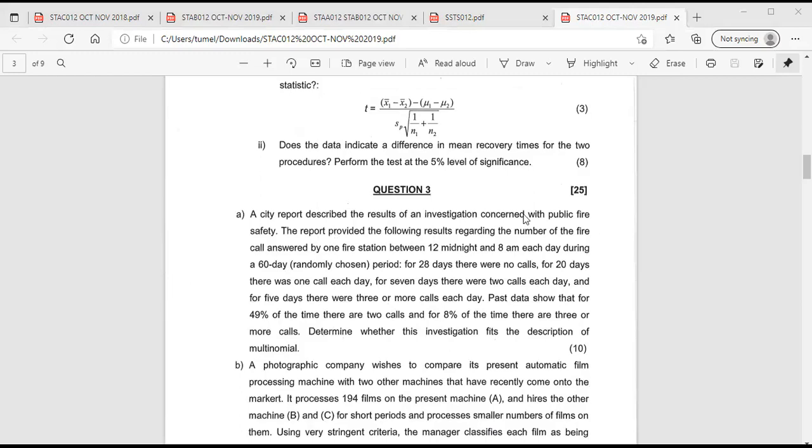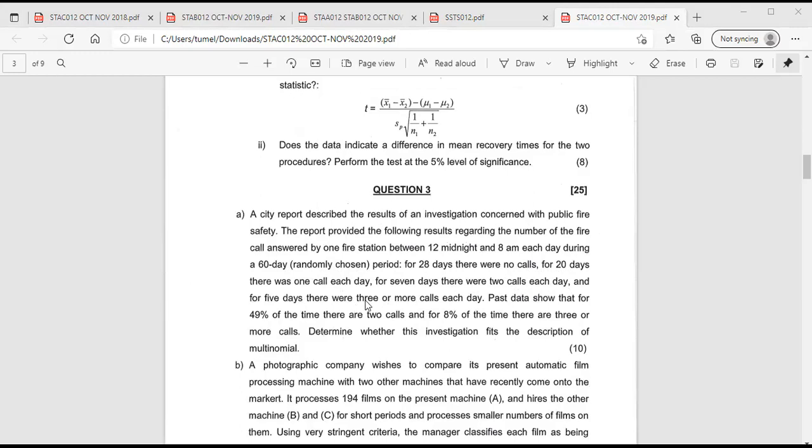A city report did this on first 12 midnight. The report provided the following calls. For 28 days, there were no calls. For 20 days, there was one call. For 7 days, there were two calls.